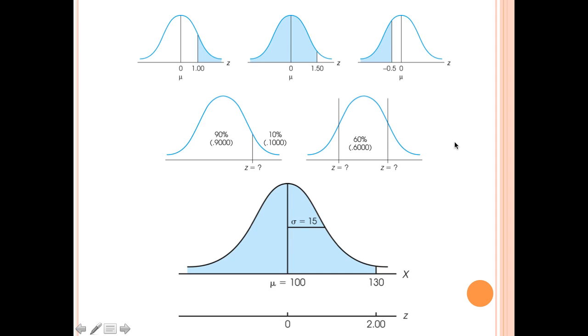So this is what I was just describing. 10% in the tail, 90% in the body. You'd figure out what that z value is and then change it back into a raw score.